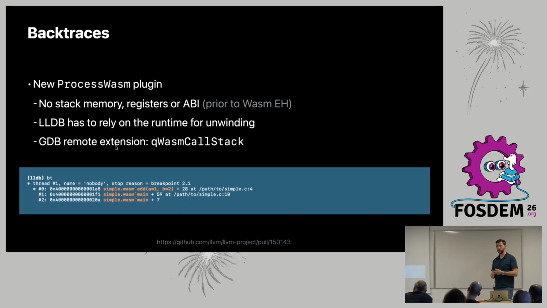So for native code, LLDB has to do the unwinding itself, but we realized that for WebAssembly, we can rely on the runtime, which already needs to know this information. And this brings us to our first extension packet to the GDB remote protocol. It's the QWasmCallStack packet, and this queries the runtime for a list of program counters representing the call stack for the current thread. LLDB then symbolicates it using the information from the symbol table or from the DWARF debug info, and then you get the backtrace as you would expect.